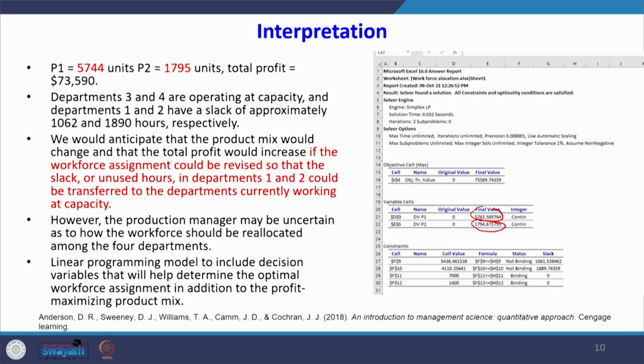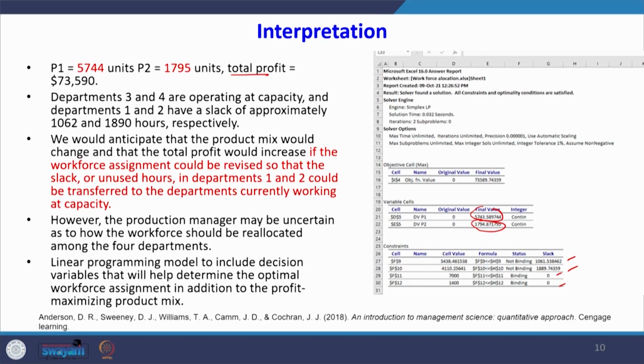So, the value of total profit is $73,590. When you look at this output, department 3 is operating at full capacity, because the slack is 0, and departments 1 and 2 have a slack of approximately 1062 and 1890 hours.